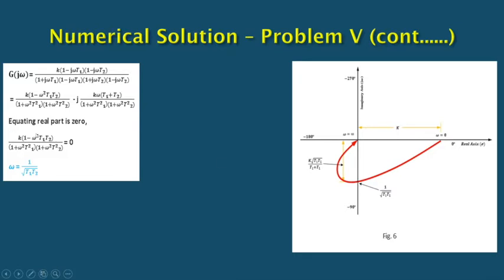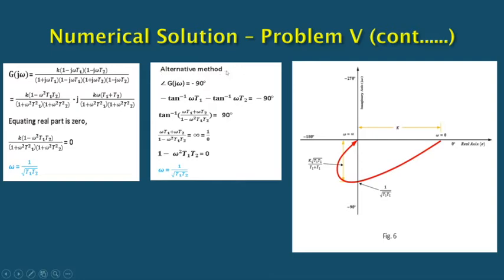So equating the real part equal to 0, we get this part. Then from this equation calculate omega. Omega equal to 1 by root over T1 into T2.